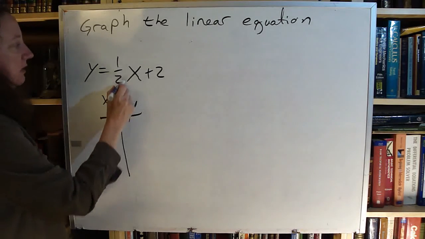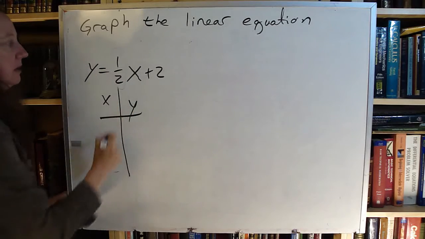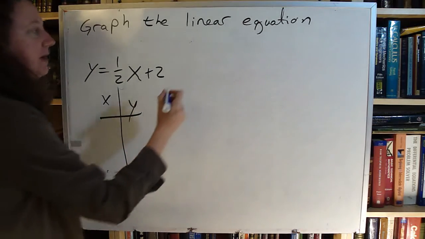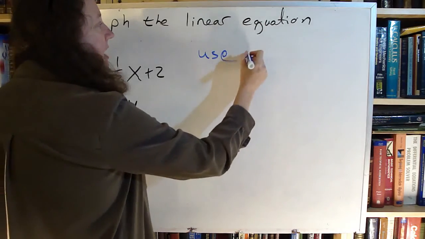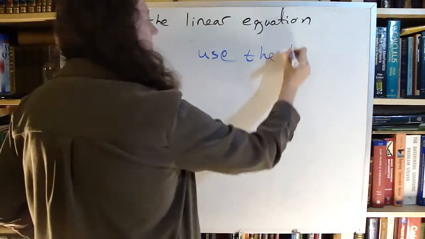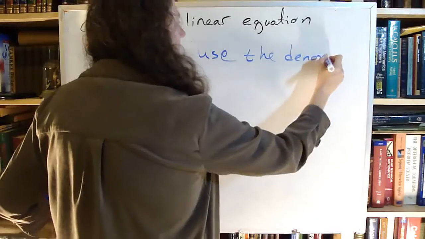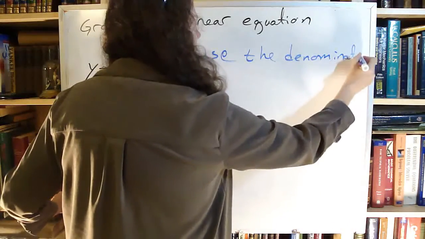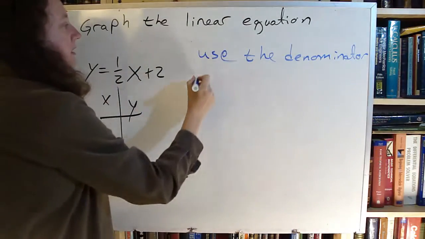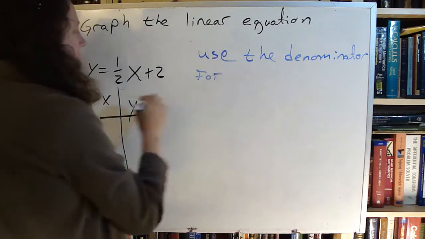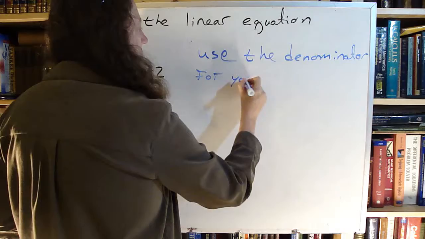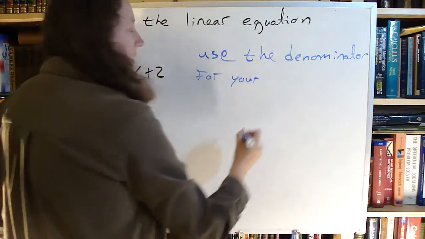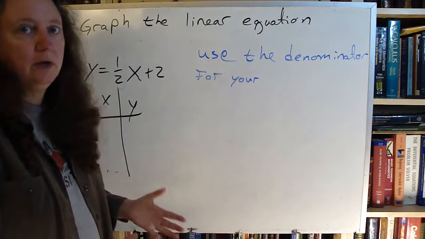As far as this, I have this fraction here. Anytime you have a fraction, you want to use the denominator for your x value. If your letter were a t or a y, you would use it for that letter.